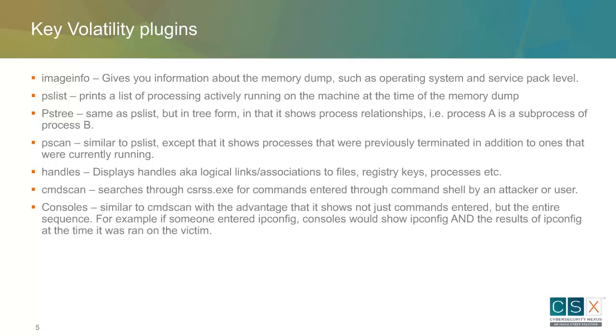One that I like just as much or sometimes more is PS Tree. It's giving you a Task Manager view, but with the relationship between processes shown. So in other words, you'll see this process spawned this process, which spawned this other process, which spawned this process. You'll see that tree relationship.